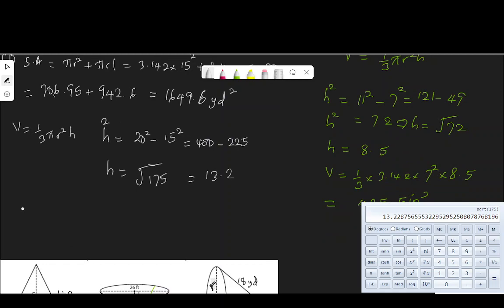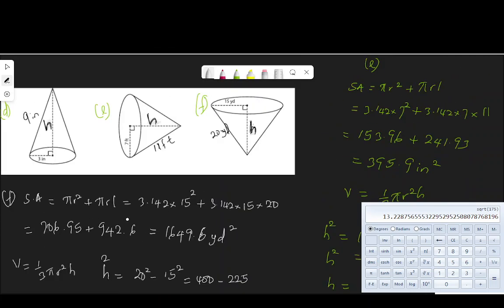Therefore, the volume V, which is 1/3 pi r squared h, will be 1/3 times 3.142 times the radius. What was the radius?